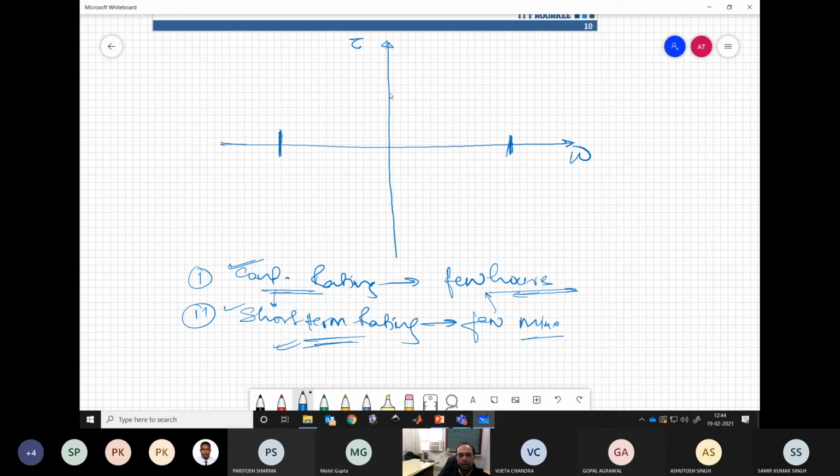Whereas on the torque side, we can have a continuous rating and another short-term rating. I am drawing the blue one, which is the continuous rating, and red, which is the short-term rating. That lies a little higher in magnitude.